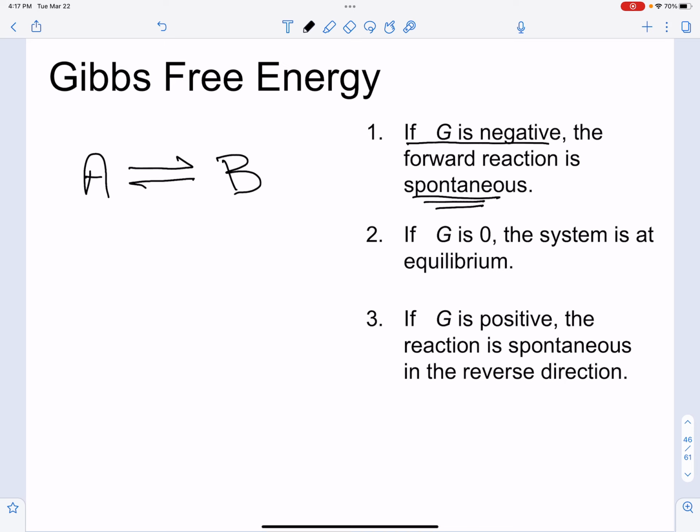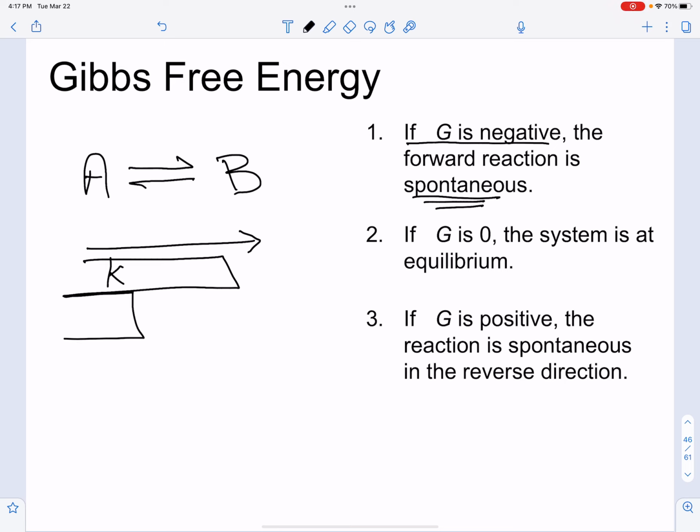Left to right or right to left? There are two reactions there, right? So if it's negative, that means it's going to be spontaneous in the forward reaction because K, the equilibrium constant, is going to be bigger than Q.